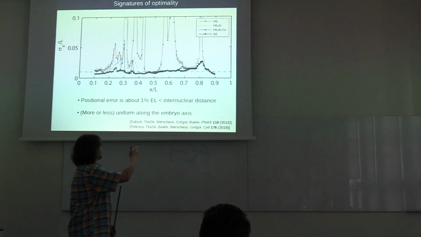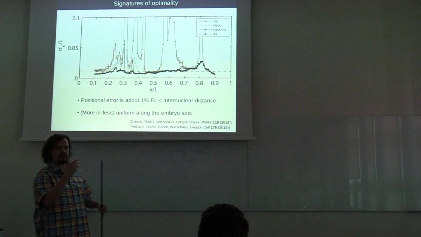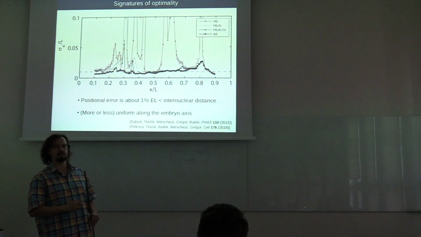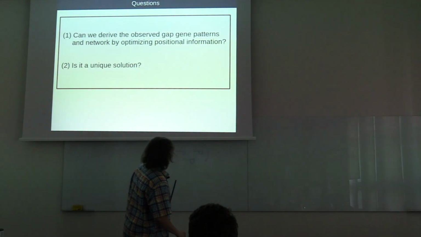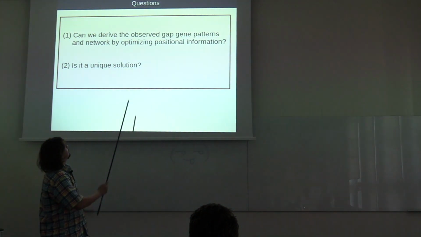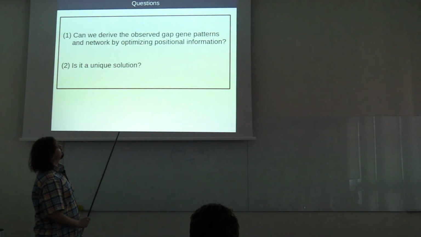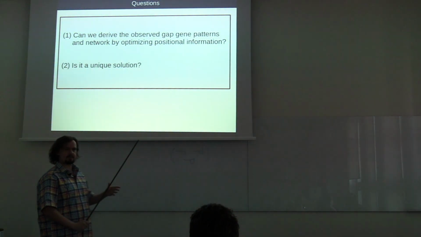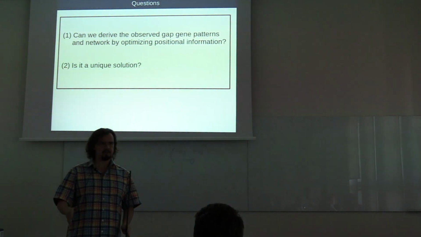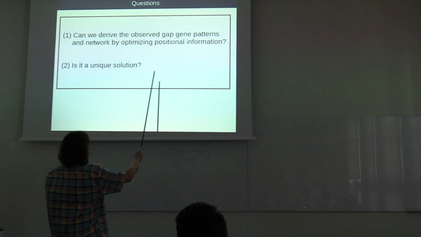Now, since we have these signatures of optimality of conveying positional information in an optimal way, we may ask, can we actually derive this observed gap gene pattern and the network that generates it just by optimizing what we believe to be the main objective of this system, which is positional information?